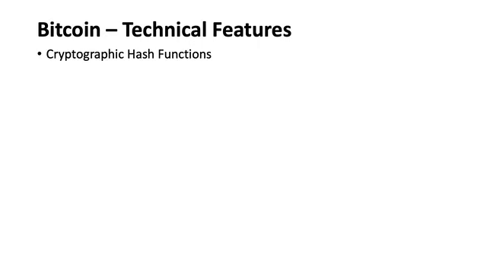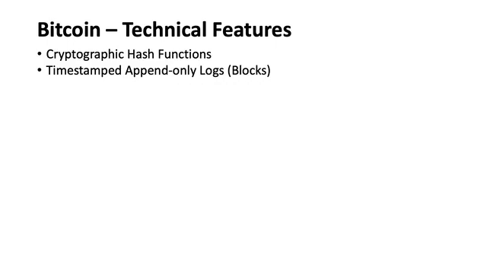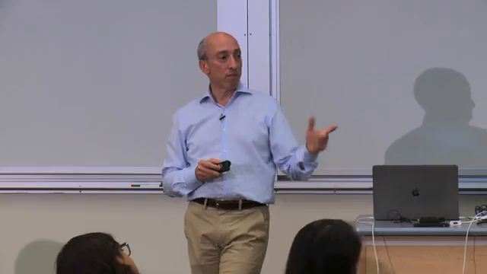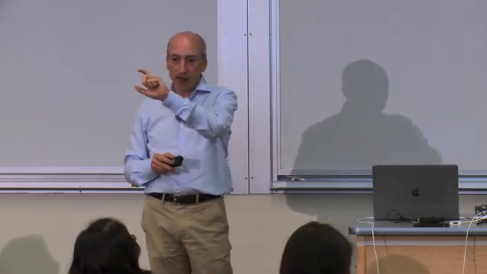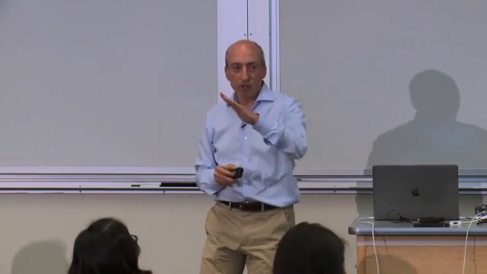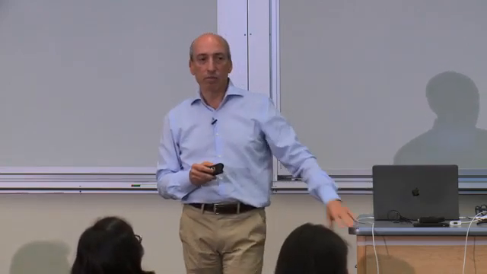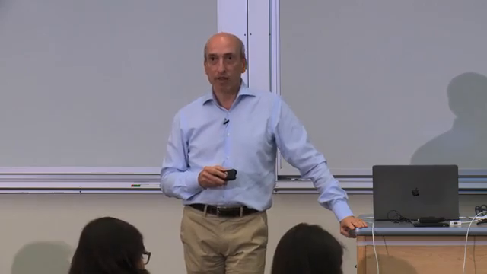All right, so this is what I have. Cryptographic hash functions. We're going to go through these in more detail. Time-stamped append-only logs. The block headers and Merkle trees. So Merkle trees were discussed, but we need to actually say what information is kept at the head of the block as opposed to all the body. And some of that's just to make it more manageable.